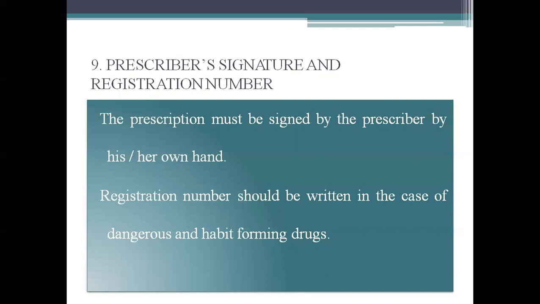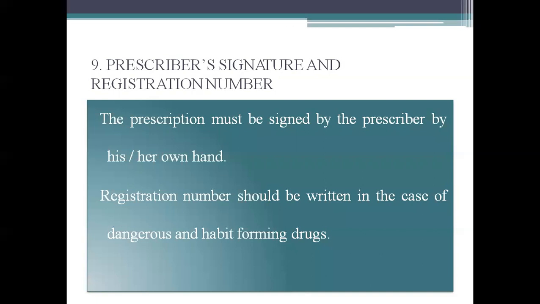Whether the prescription is written by qualified, registered medical practitioners or not should be proved by the signature and registration number. The stamp of that doctor or physician is mentioned there, and that's why it is a check for the pharmacist on whether the prescription is original or duplicate.